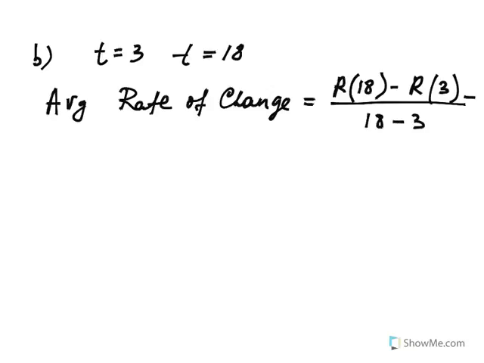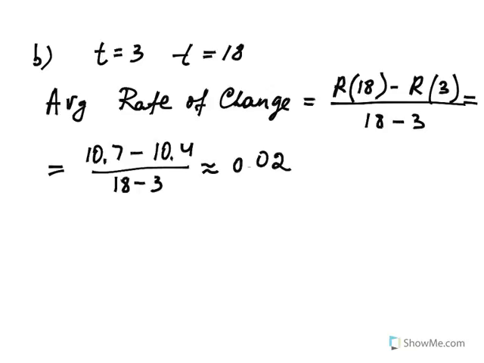R of 18 minus R of 3 over 18 minus 3. You have your table in front of you, and I have it on the computer in front of me, so I don't want to jump from one page to another. So R of 18 is 10.7, R of 3 is 10.4, over 18 minus 3, and the result is, you can verify with your calculator, 0.02.